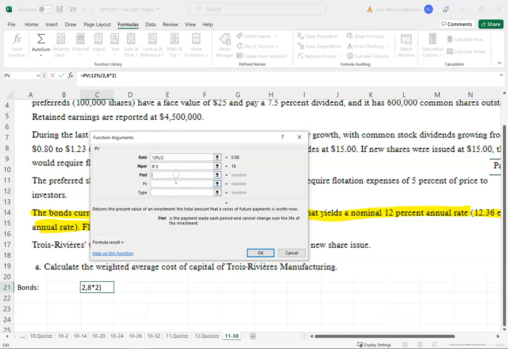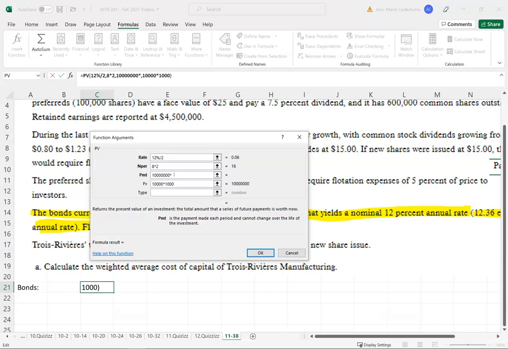Now the payment is based off the future value, or the face value, and the face value is the 10,000 bonds multiplied by 1,000. So they're $1,000 each. So that comes out to 10 million. So then the payment is going to be the 10 million multiplied by the stated rate.